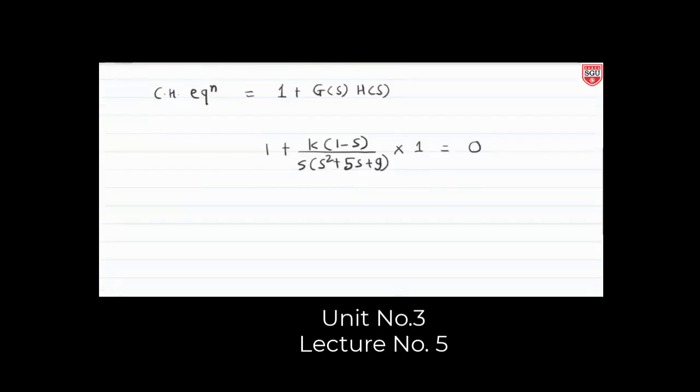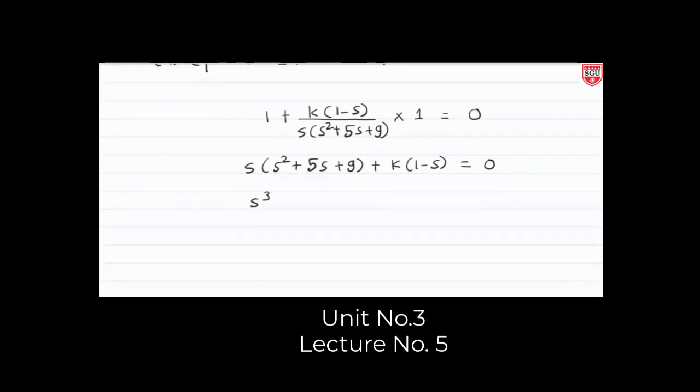Let's make it simple. s into s square plus 5s plus 9, plus K into 1 minus s is equal to 0. So you will get s cube plus 5s square plus 9s plus K minus Ks equal to 0.